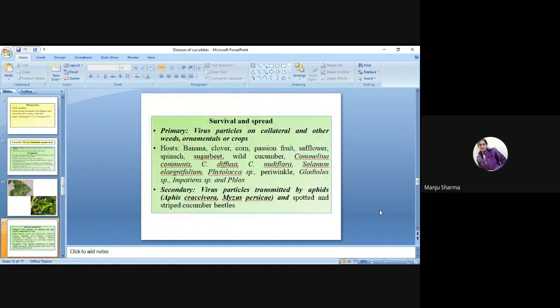Survival and spread. Primary survival is through virus particles on collateral and other weeds, ornamentals or crops.